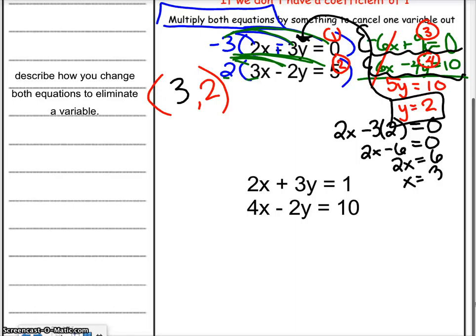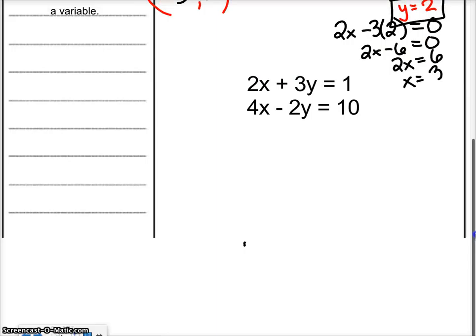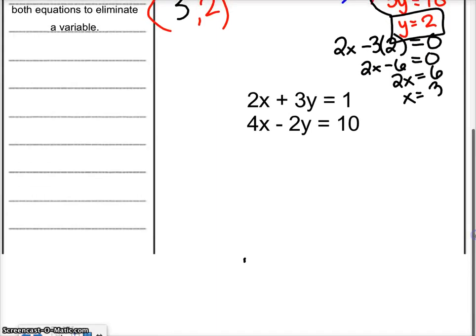2x plus 3y is 1, and 4x minus 2y is 10. So what should I turn them into? You could just multiply the top one, because your goal is I want to cancel out. Well, if this is positive 4, I want to turn this top one into negative 4. So I'm going to times everything here by a negative 2.